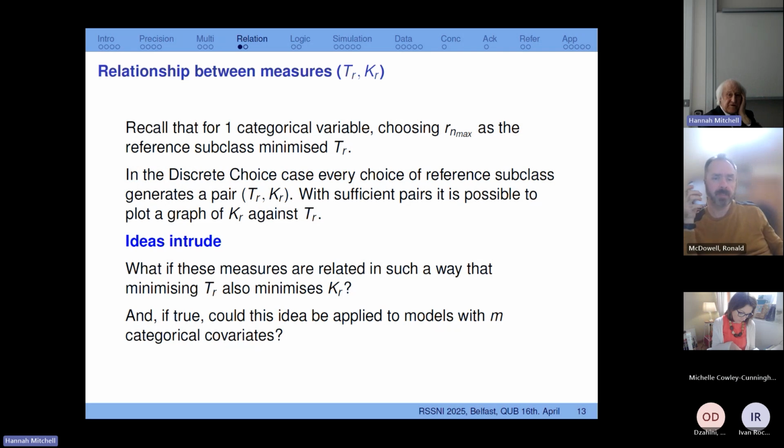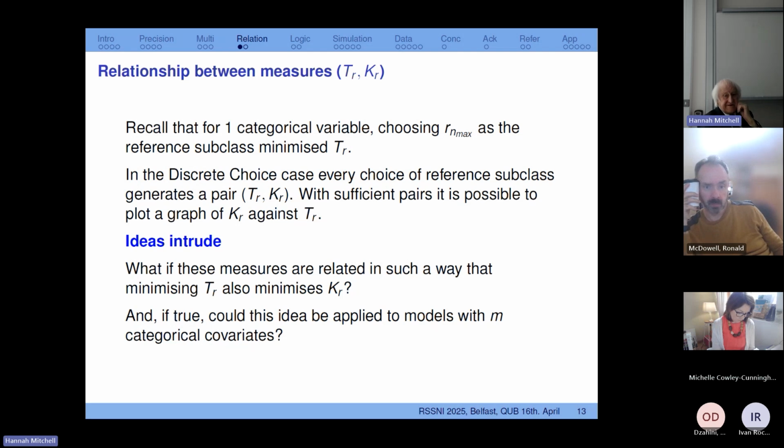So what about the relationship? Recall that for one categorical variable, we found that picking the subclass with the largest number minimized the total variance.